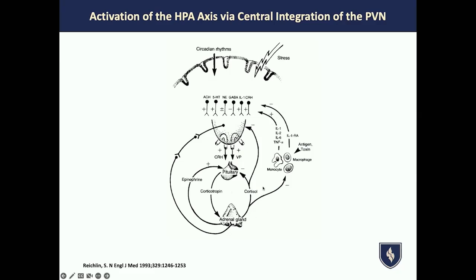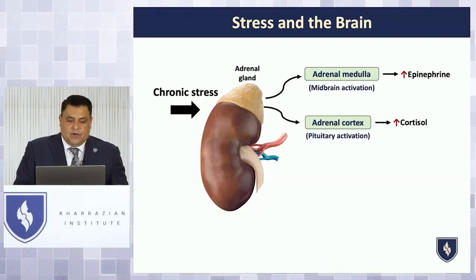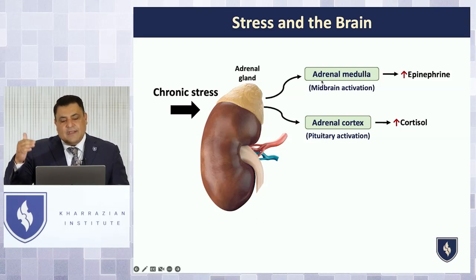Now, when you look at cortisol and stress hormone release, you have to realize that chronic stress activates the cortisol pathway through the HPA axis, but epinephrine and norepinephrine are really activated by autonomics and midbrain activity. They're not part of that ACTH pathway directly. So there are projections from midbrain centers in the brain, from the cingulum.